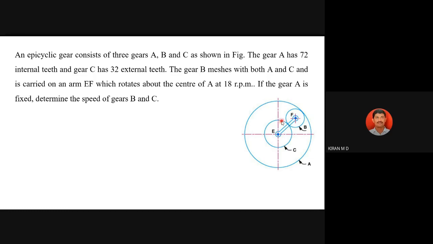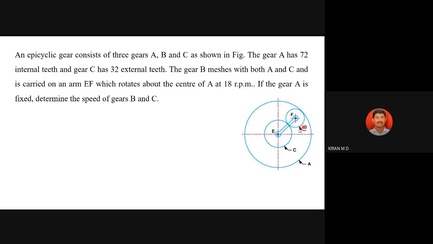These two are the external gears as usual. Gear B meshes with both A and C, and it is carried on an arm EF. This is the arm EF, which rotates about center A at 18 RPM.